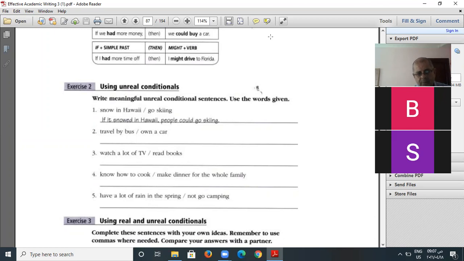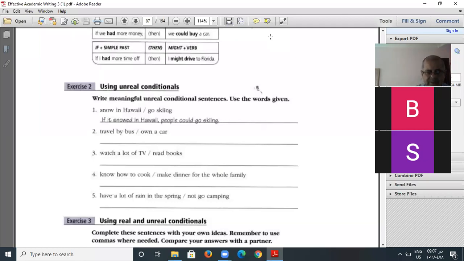So we say, if we had a lot of rain, using simple past. If we had a lot of rain in the spring, comma, we would not go camping. Or we say, we would not go camping if we had a lot of rain in the spring.